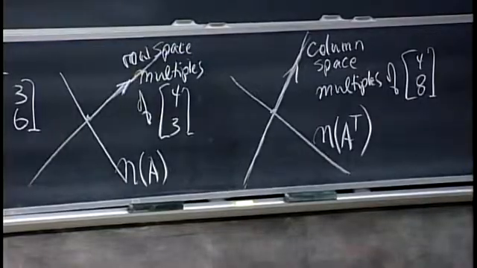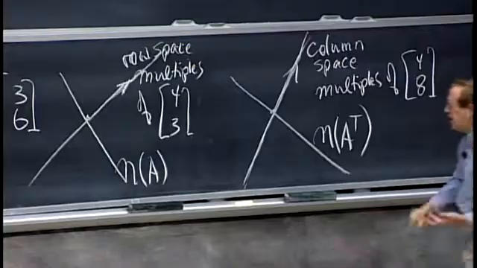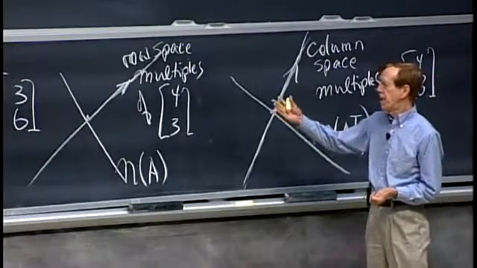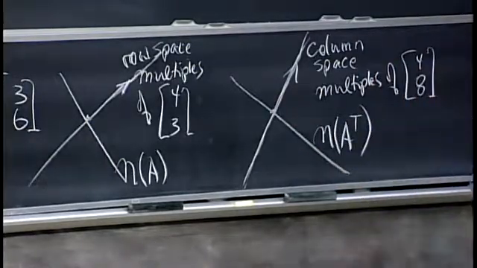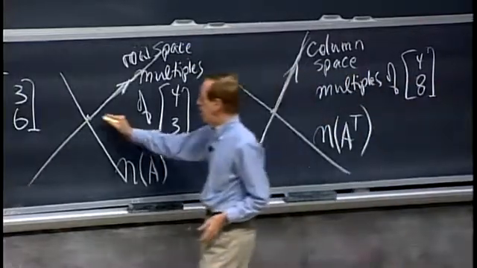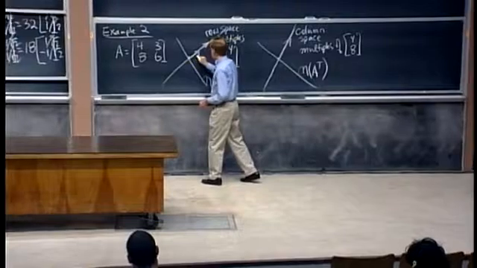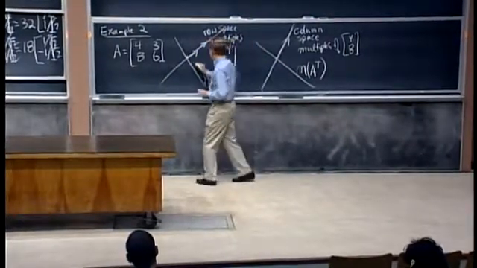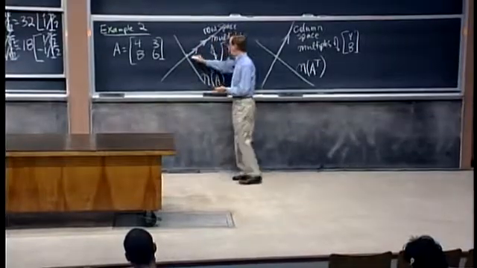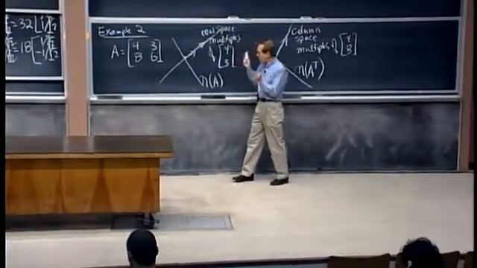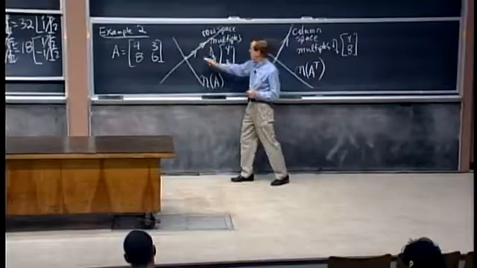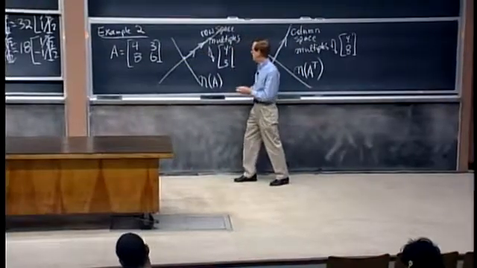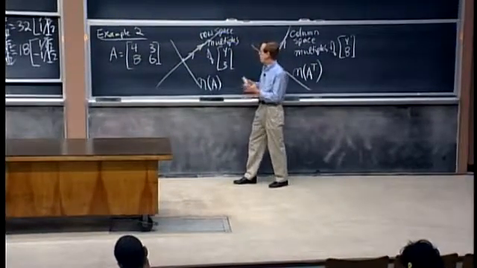Okay. What I want to say here is that choosing these orthogonal bases for the row space and the column space is no problem. They're only one-dimensional. So what should V be? V should be V1. V1 is supposed to be a unit vector. There's only one V1 to choose here, only one dimension in the row space. I just want to make it a unit vector.